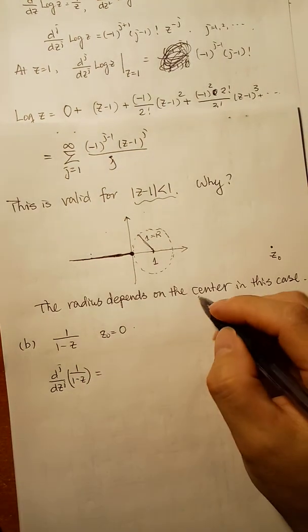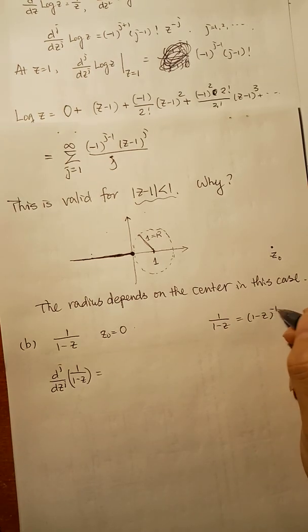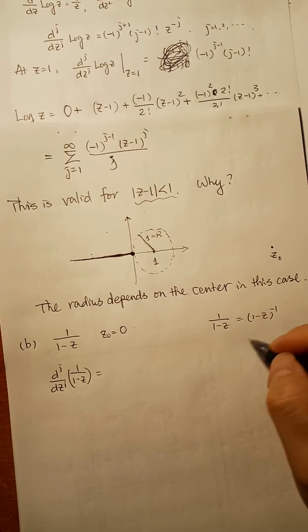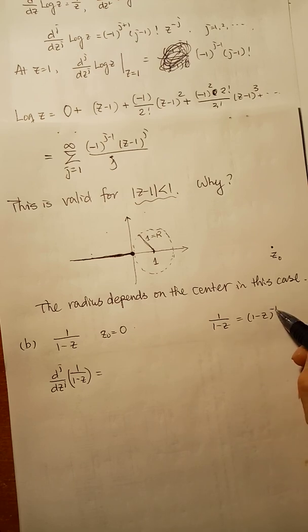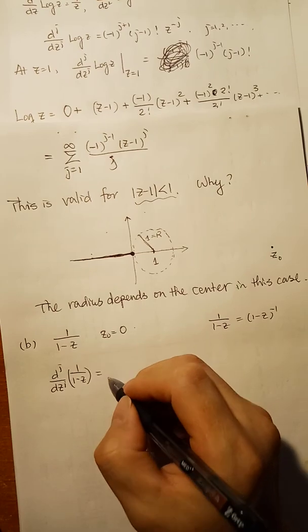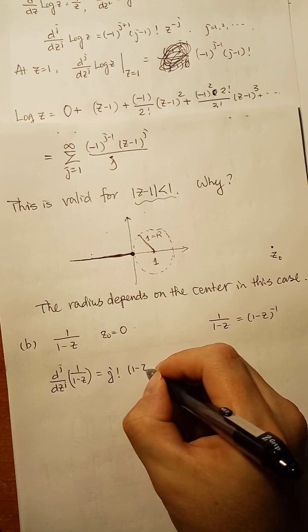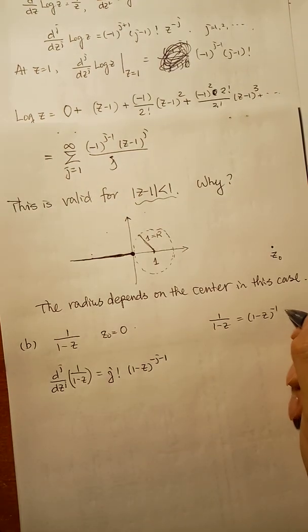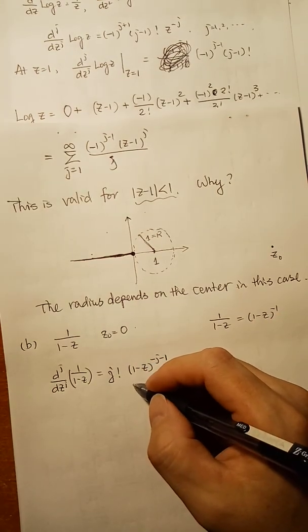If you realize this 1 over 1 minus z as (1 minus z) to the power negative 1, you will see that whenever you apply the derivative, you always have a positive sign. There's no negative sign. You have a negative sign here, and a negative sign here, from the chain rule. So it is always equal to j factorial times (1 minus z) to the power negative j minus 1. There's no negative sign. Okay?